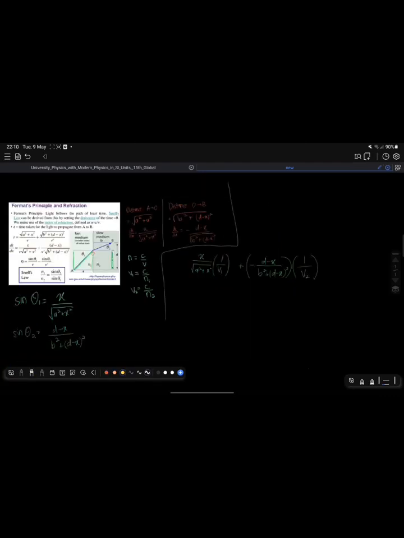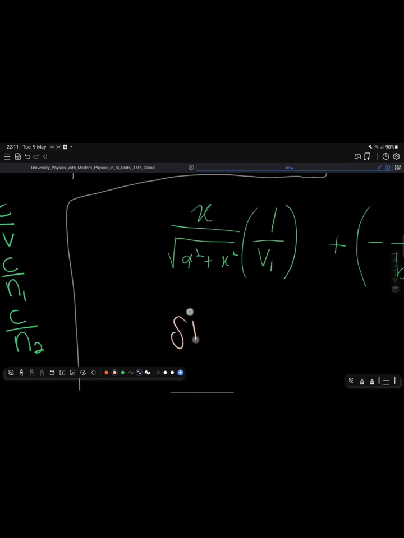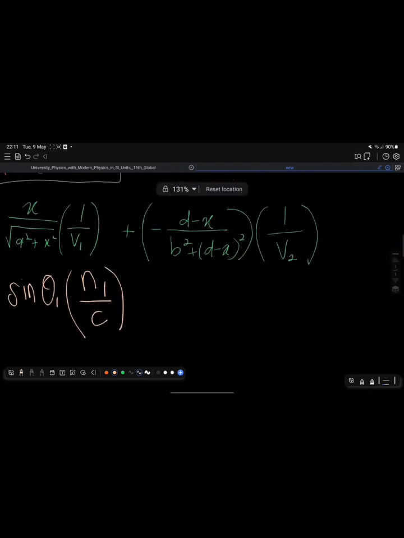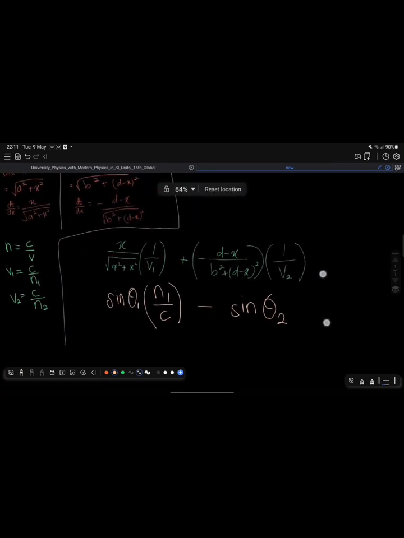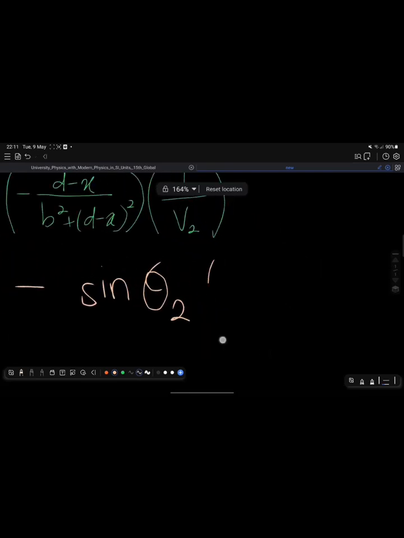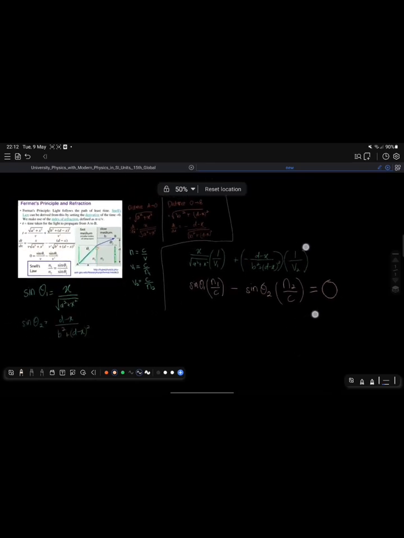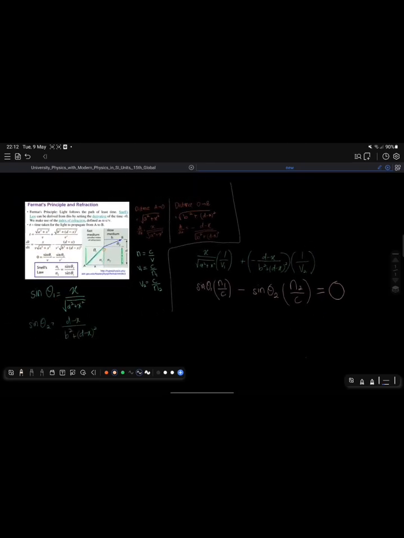With the information that we get from here and sin, we will substitute all the information to form the equation, and it will become sin theta 1 times 1 over v1, which is equal to n1 over c, minus sin theta 2 multiplied by 1 over v2, which is equal to n2 over c. And we take it equal to 0 as the derivative of the time function is equal to 0.